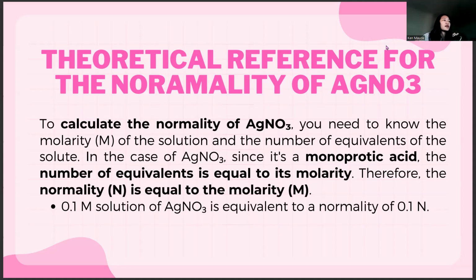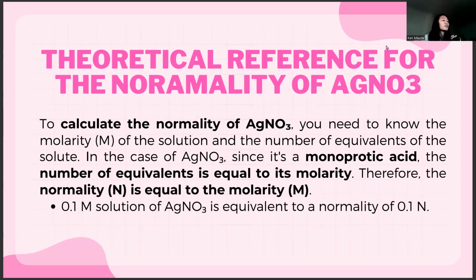So when we say normality and molarity, they are both measurements to calculate the concentration of a solution. In the case of silver nitrate, it is treated as monoprotic, meaning each molecule can donate 1 proton when it dissolves in water.